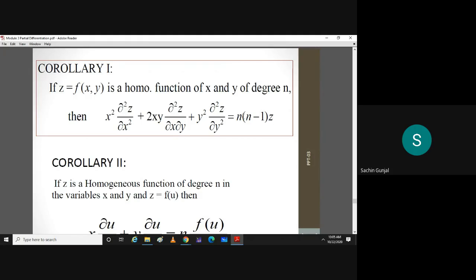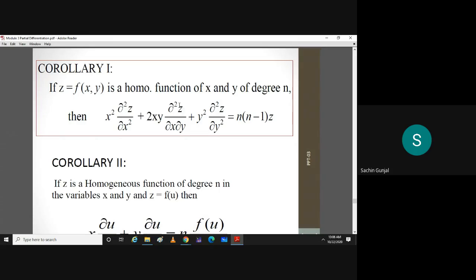I repeat, you are not going to calculate these partial derivatives actually, in tutorial or in exam also. You should understand that the function is too complicated and you will have to apply the corollary of Euler's theorem.